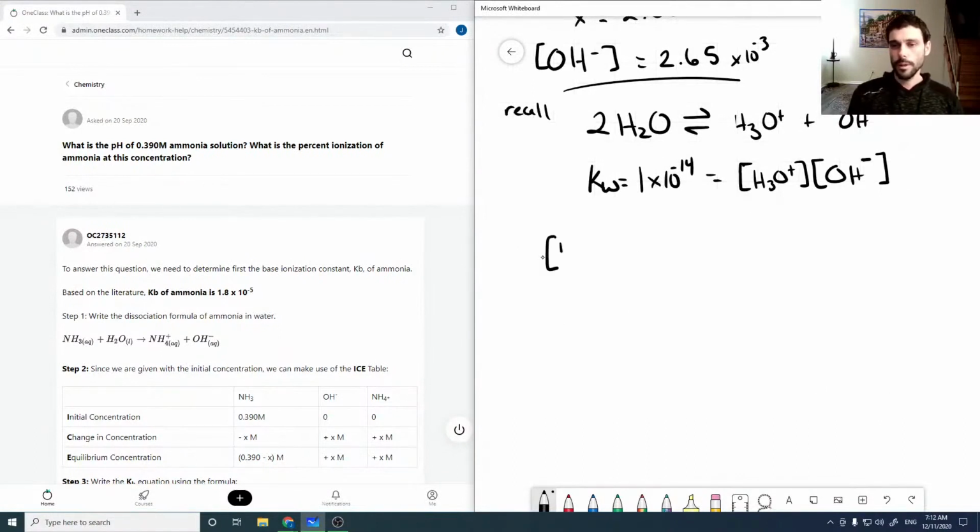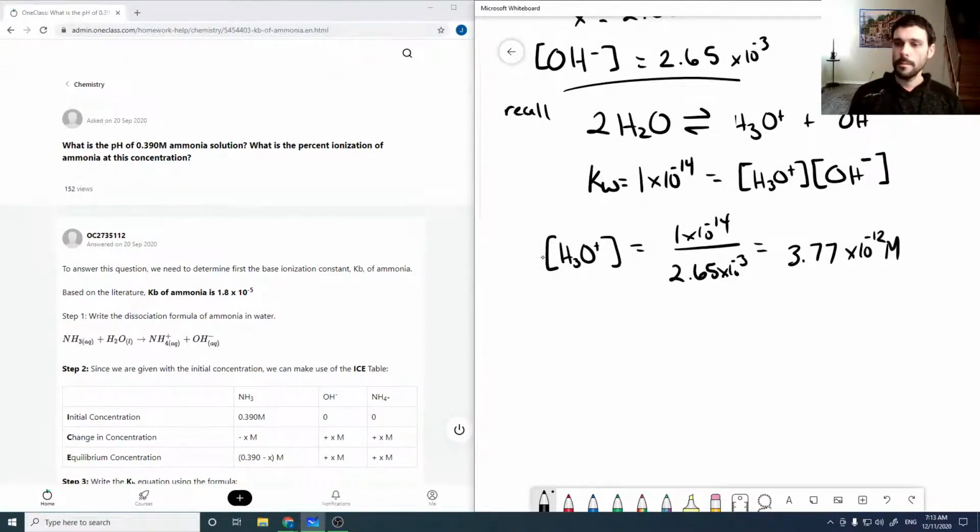And so our H3O plus is just 1 times 10 to the minus 14 over our OH minus, which comes out to be 3.77 times 10 to the minus 12. Units with equilibrium stuff is wonky, so I'm just going to add it in whenever we know it, which would be there.